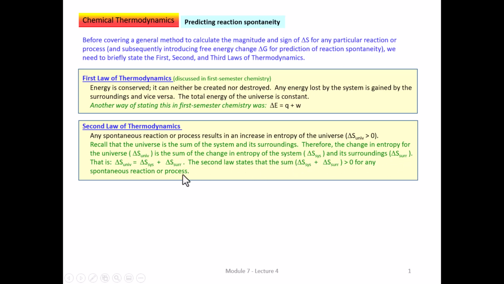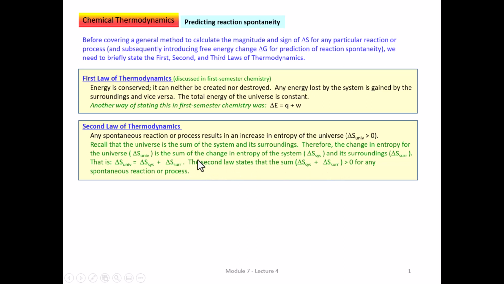So we'd write that as delta S of the universe equals delta S of the system plus delta S of the surroundings. The second law of thermodynamics simply states that the sum of the delta S of the system and the delta S of the surroundings, the total entropy change for the system plus the surroundings, has to be greater than 0 for any spontaneous reaction or process.